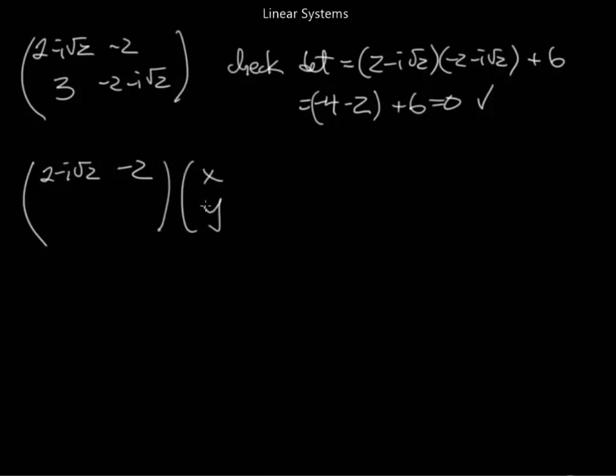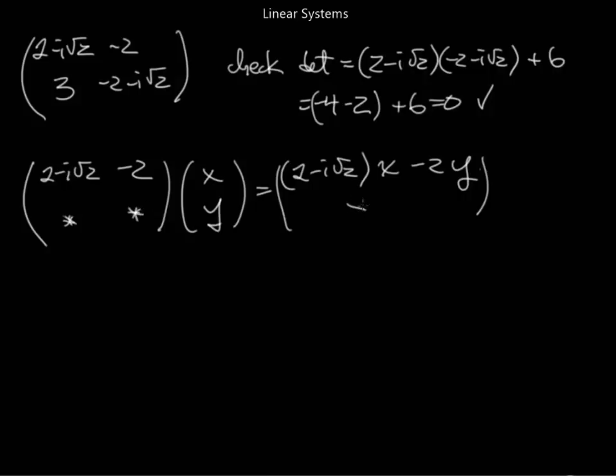So I'm trying to solve this equation. This thing times the vector (x, y) is equal to 0. When I write that out, I get this. And I'm going to ignore the second row because it's linearly dependent on the first and it doesn't matter. And so I'm trying to find x and y so that this holds.